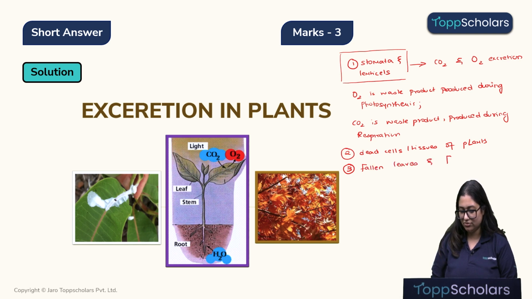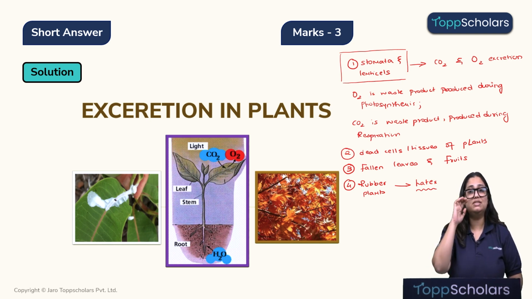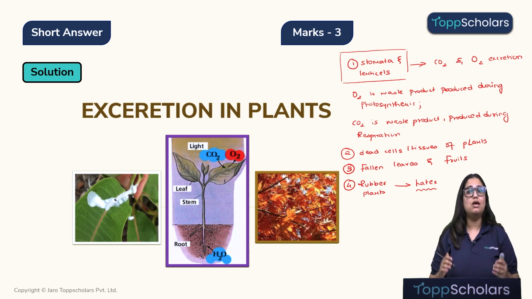So when the leaves and fruits fall from the plant, they also carry away some of this excretory waste products. For example, children, in rubber plants, the waste product is excreted in the form of latex. Okay, so these are the 4 different ways that even without the kidneys and the excretory system, plants will excrete all their waste outside their bodies.